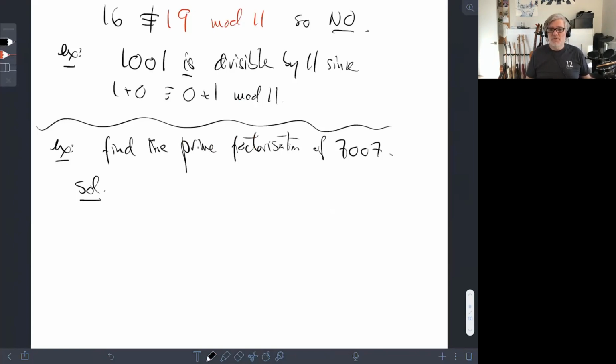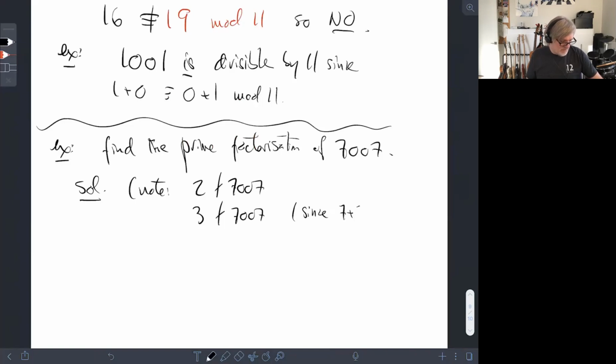So is this divisible by 3? No, right? So note, it's not divisible by 2 nor by 3. 2 does not divide, that's clear. You look at the last digit. 3 doesn't divide 7007, since 7 plus 7 is 14, 1 plus 4 is 5.